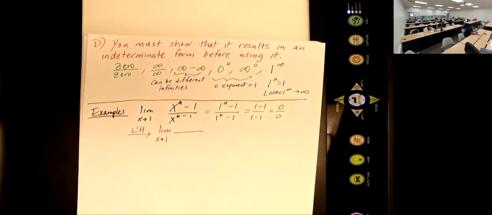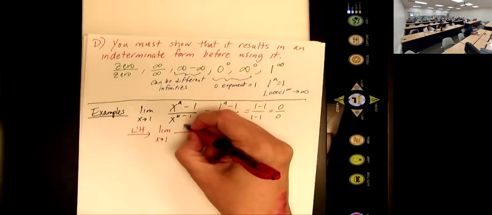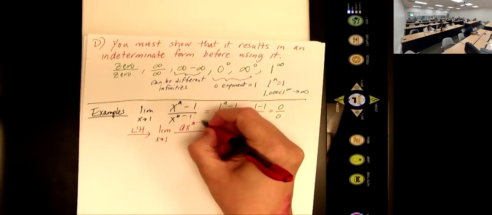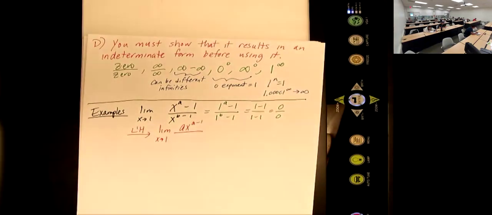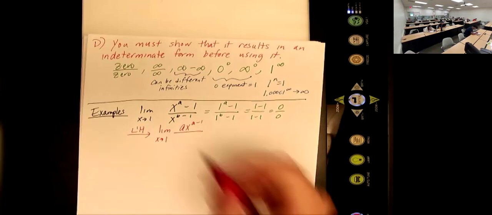What is the derivative of the top? a x to the a minus 1. Bottom, same thing for b.